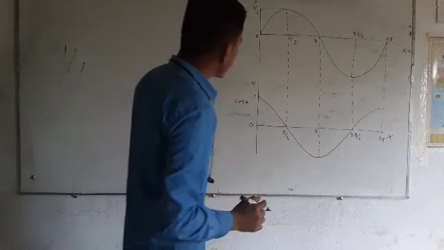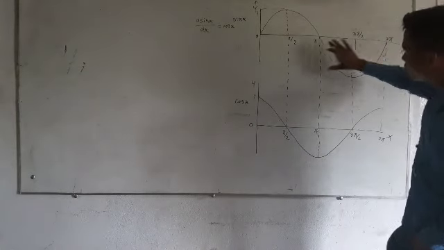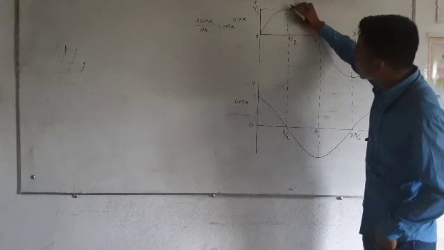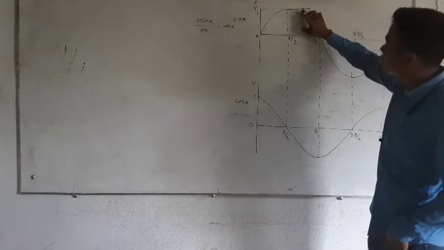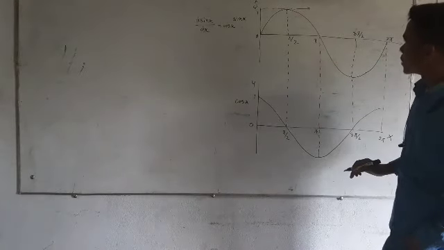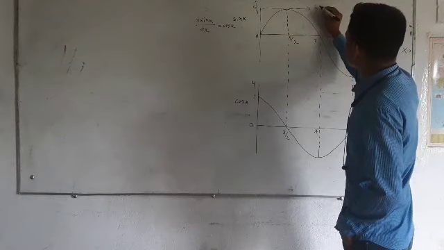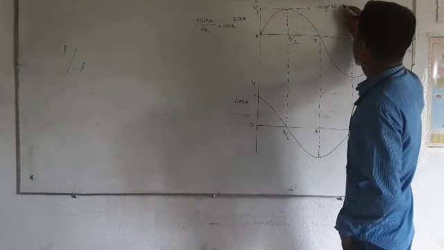Now we know from this graph that at this highest point, the slope of the tangent is 0, because this tangent is parallel to the horizontal line, the x-axis. The slope of this tangent is 0.